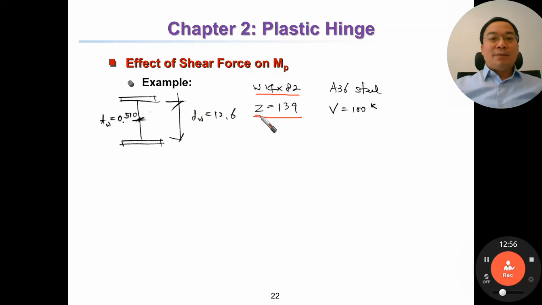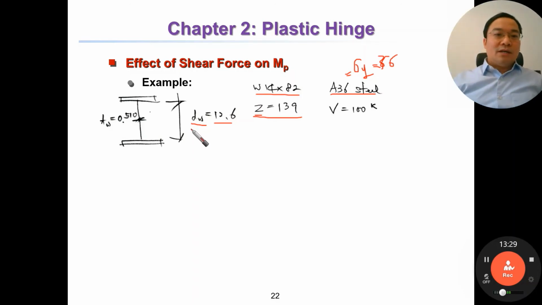It is plastic section modulus of the whole section, and we use a 36 steel. It means sigma y equal to 36, and it is a section of the thickness of the web and the height of the web equal to this one.